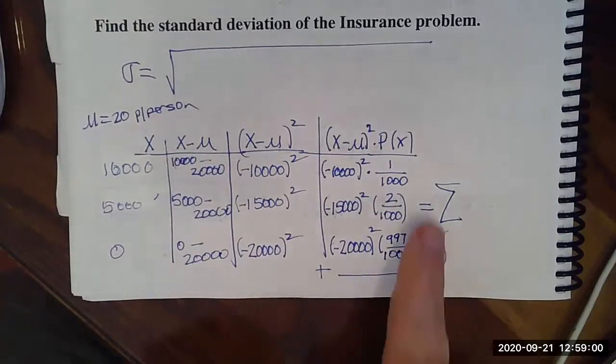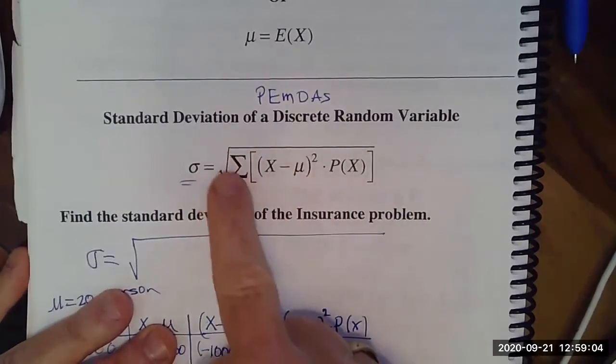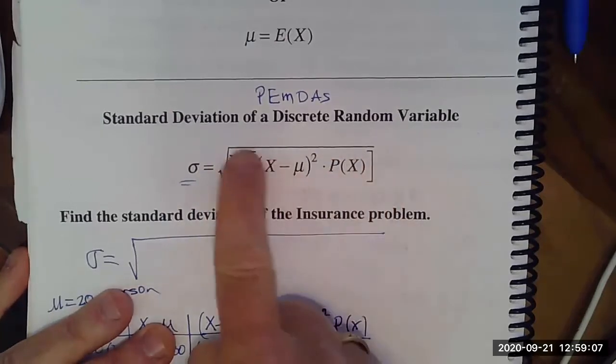Now, don't forget, all of this is underneath the radical. I'd still have to take the square root of it at the end.